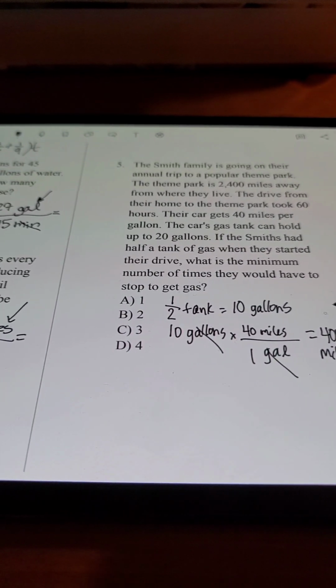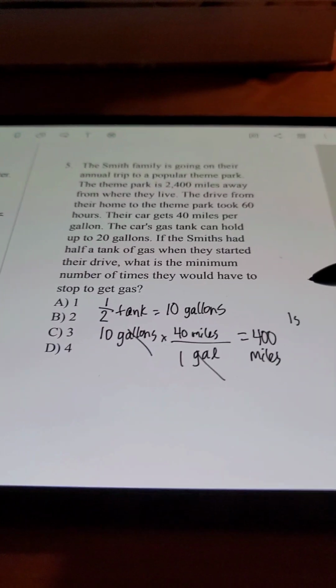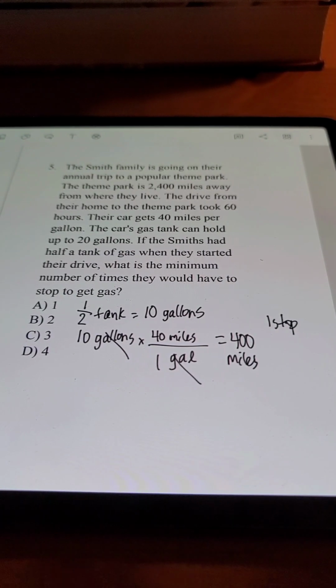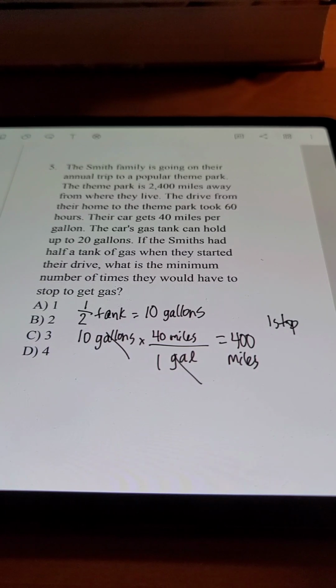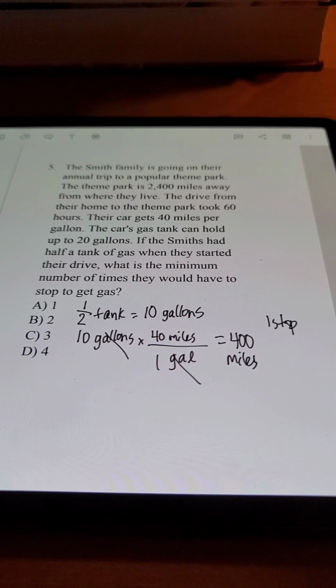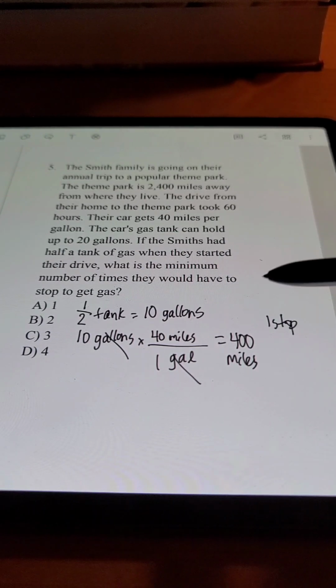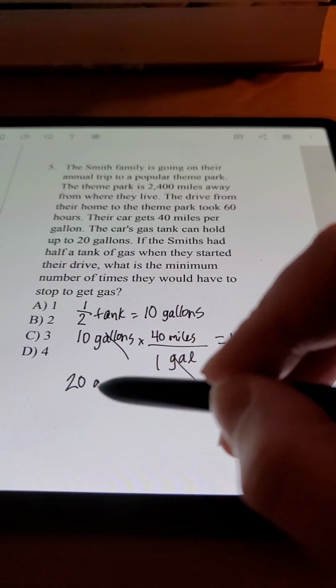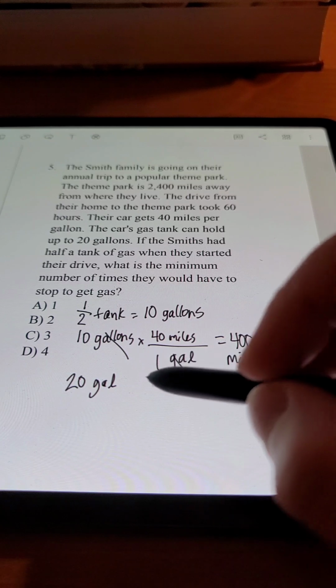Then they're going to make one stop. So I'm kind of showing you how to do it the logical way with this problem instead of the reverse stoichiometry way. But again, you're free to use any method. I'm just trying to switch it up to show different methods. So then they're going to stop, then they fill it up, and remember, each time they fill the gas tank all the way, it's going to be 20 gallons.